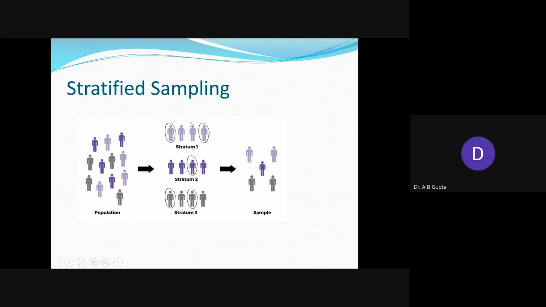First you prepare the strata. Then you select some students from stratum 1, some from stratum 2, and some from stratum 3. This is the way you do stratified sampling.